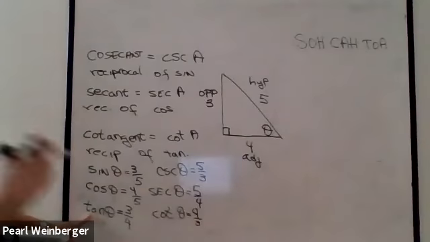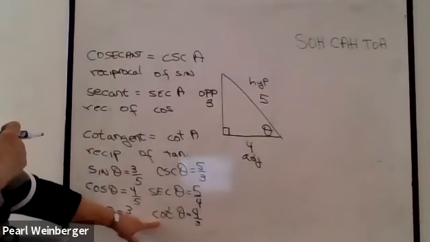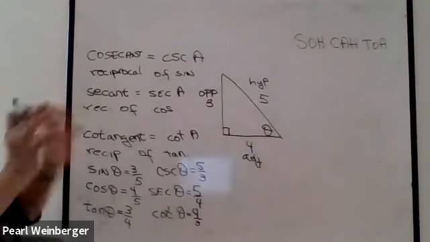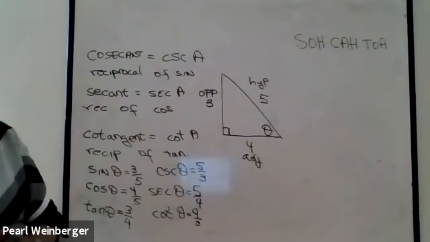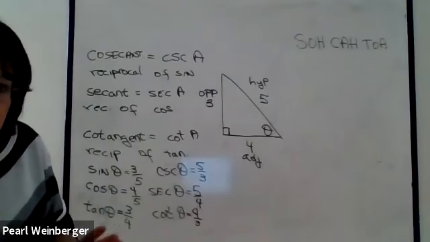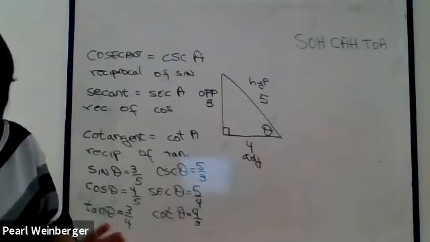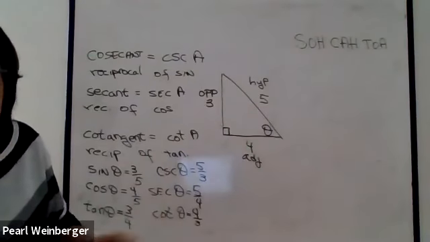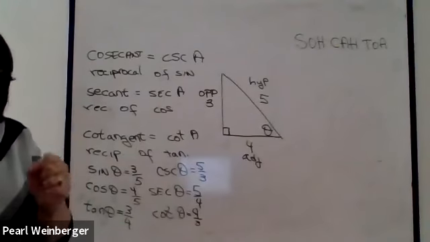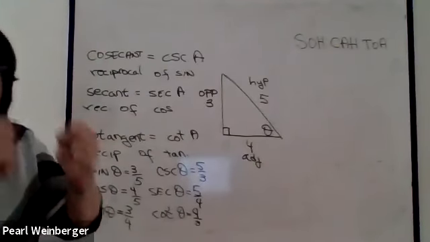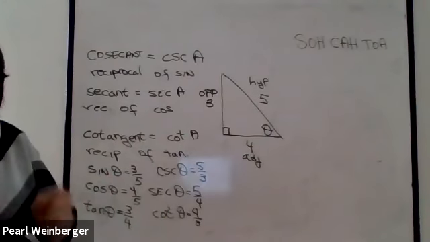And tangent doesn't start with co, so its pair cotangent starts with co. So in each pair, one starts with co and one doesn't. That's another way of remembering it. So once you have the sine, cosine, and tangent down pat, then it's using these mnemonic devices. You can remember cosecant has to go with sine, secant has to go with cosine, cotangent has to go with tangent.